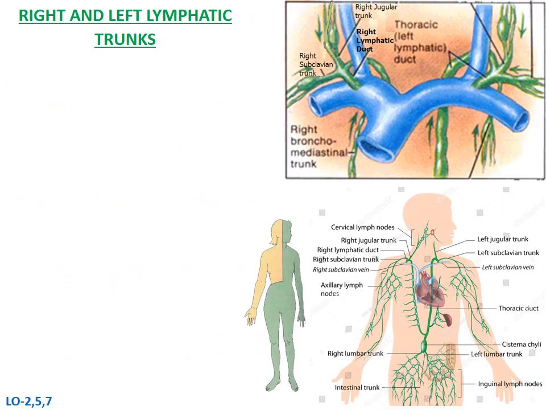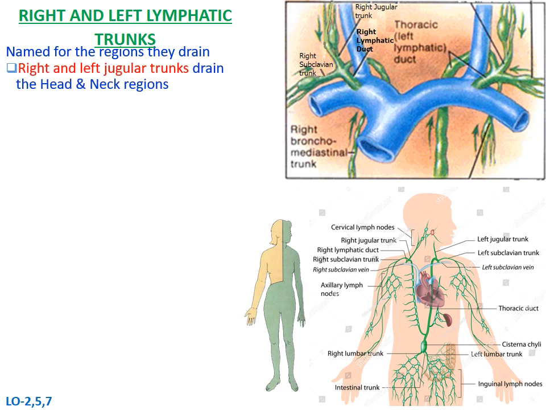Then here we will discuss the right and left lymphatic trunks. If you trace these regions, come to this figure. In this figure, you can see the lower limb and the lymphatic vessels, right?